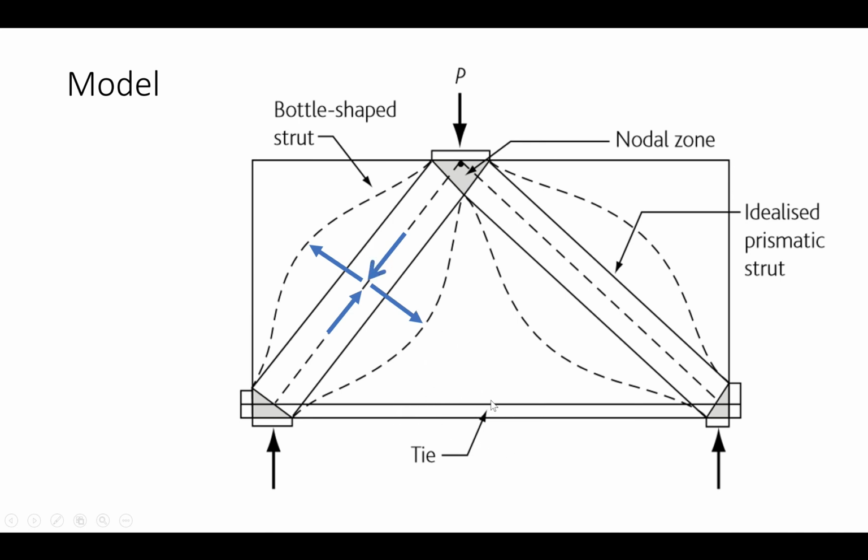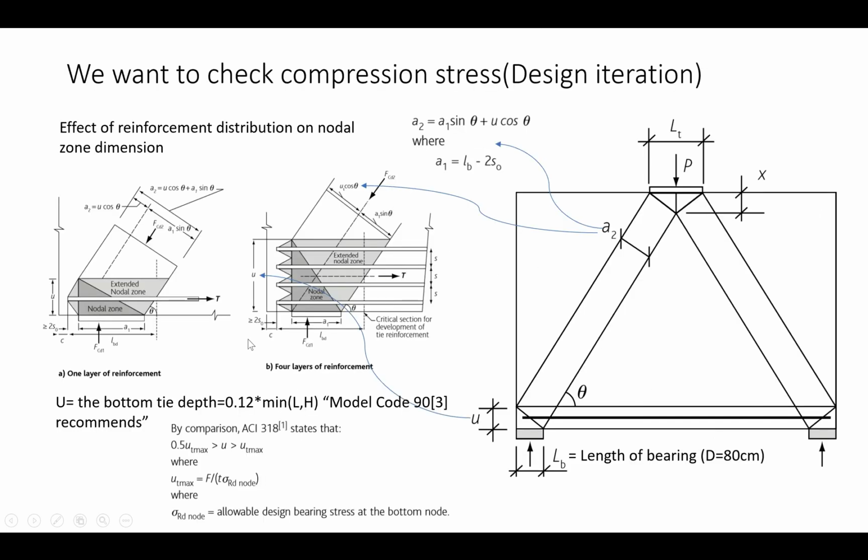And at the bottom the tie develops, the tie zone. We want to check the compression stress at this zone, so we have to know the width of this strut.